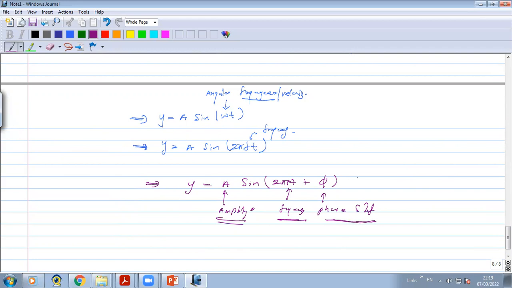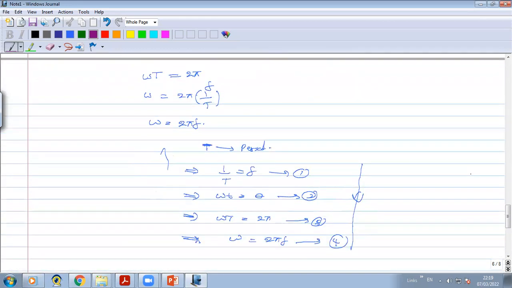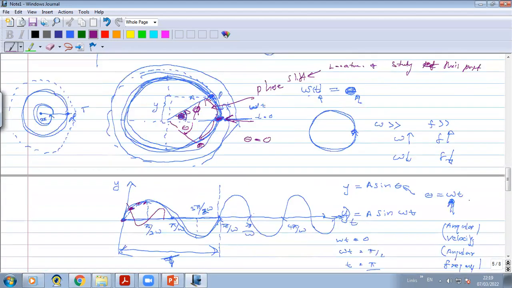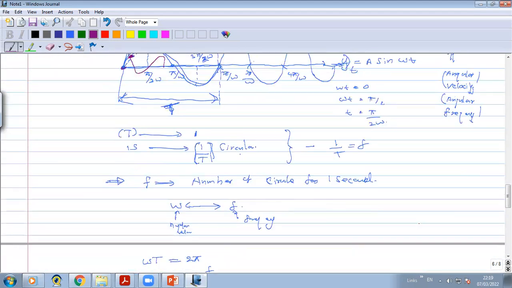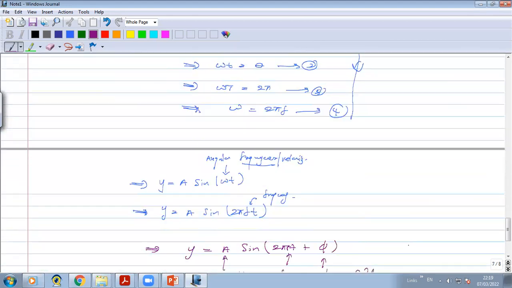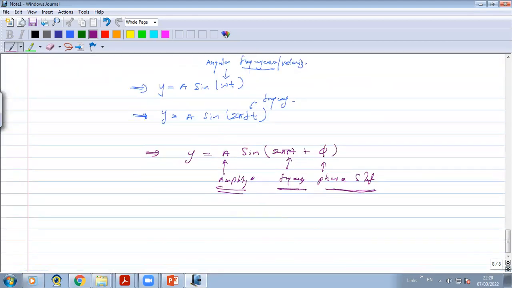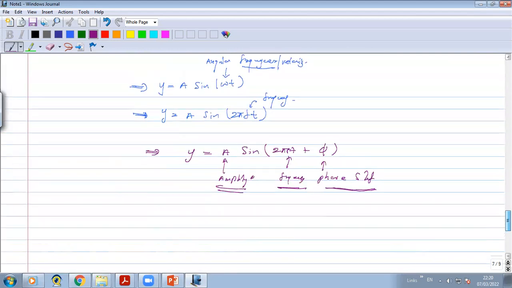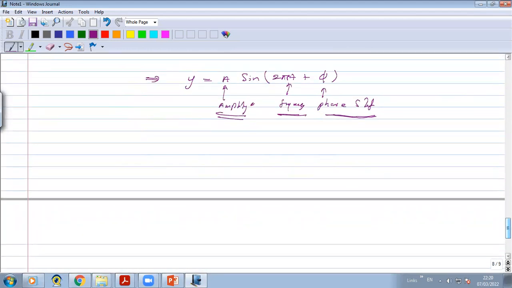Finally, if you couldn't understand this circle rotating, that type of thing, please try to remember these things.